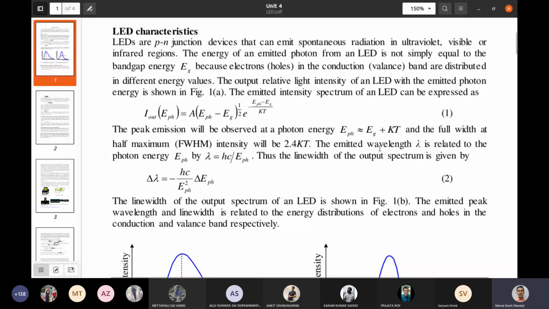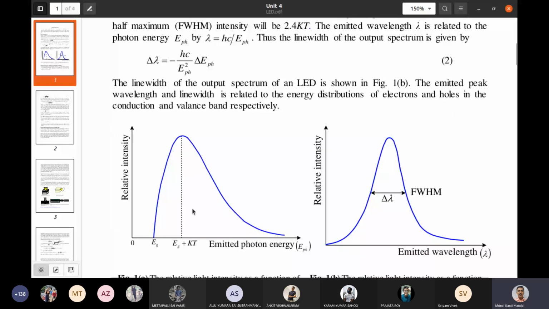Now, the relative intensity: if we plot it with respect to emitted photon energy, then below E_g no photon will be emitted. Above E_g it starts to emit, and the peak is maximum at E_g plus kT. Then it decays continuously, right?